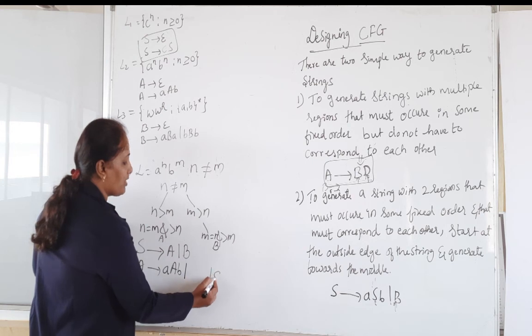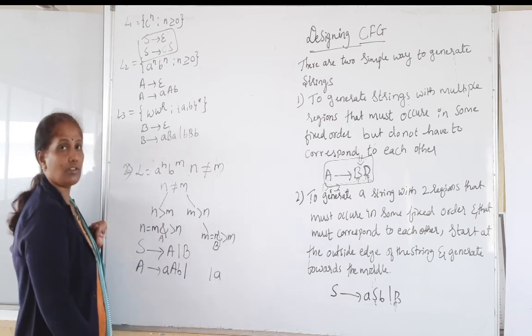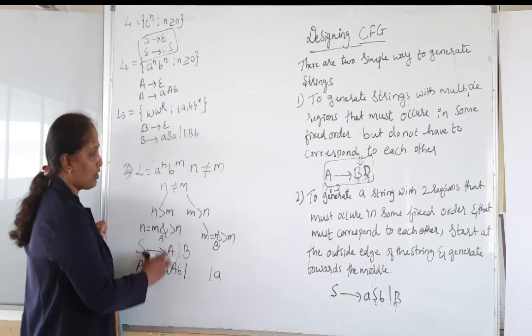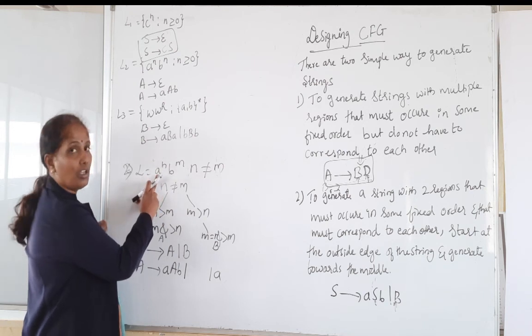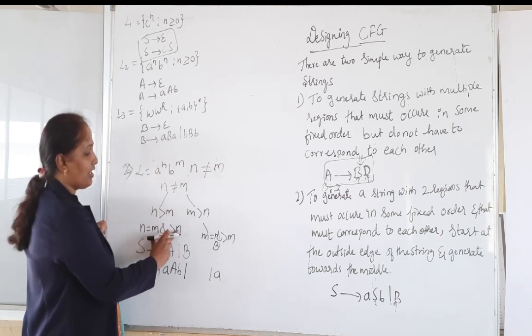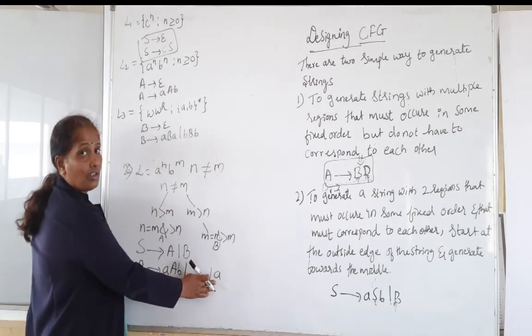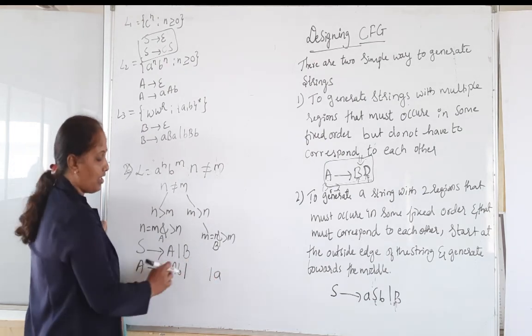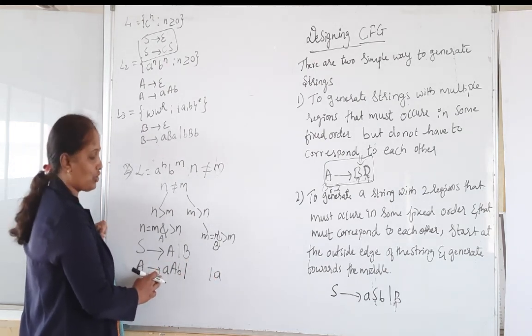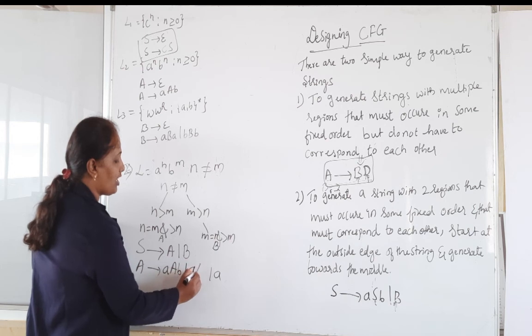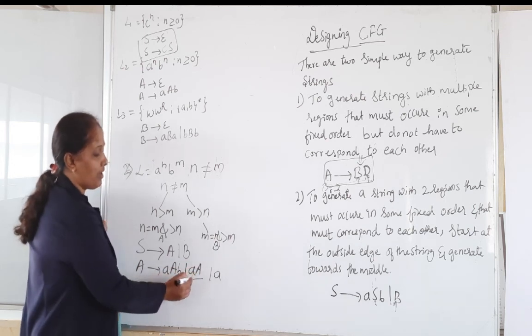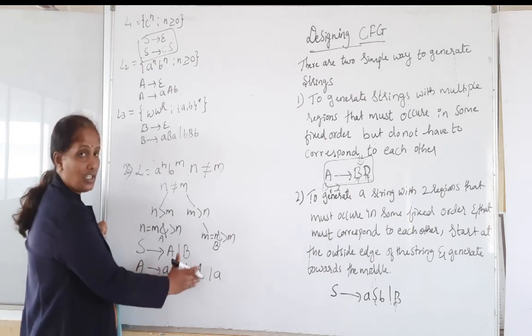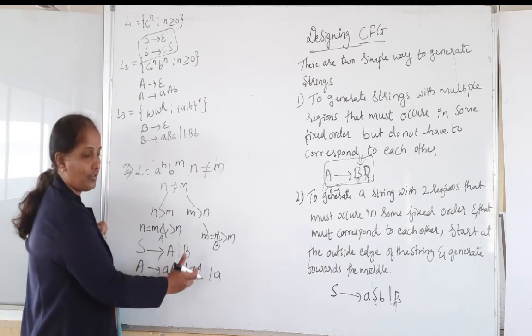At least one extra A should occur in the language, or any number of A's. Any number of A's can be defined by this rule.